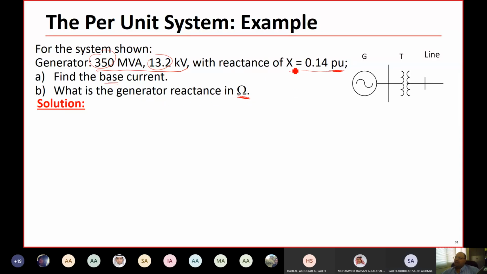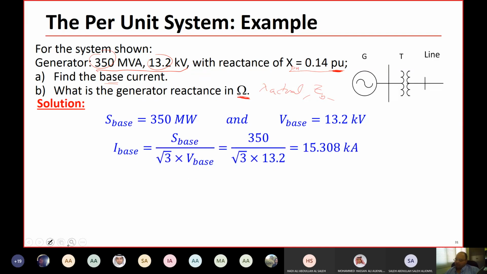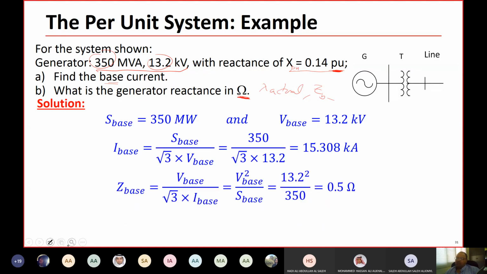You are given here the per unit quantity, and we need the actual value in ohm. So you need to get the Z base, and then we can substitute as follows. S base equal to this, and V base equal to this. I base equal to this, 15.3 kilo ampere.